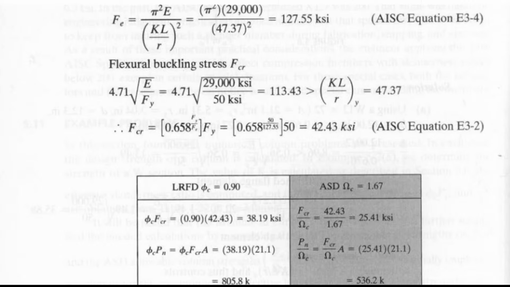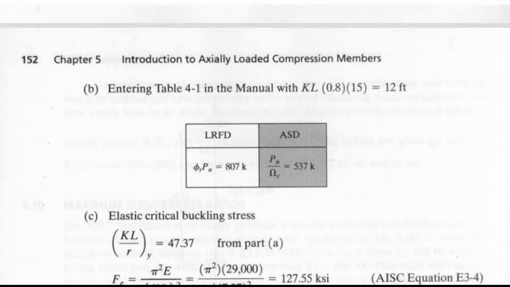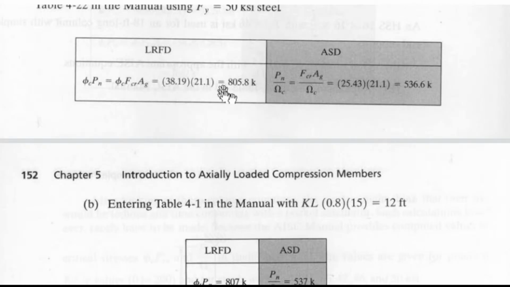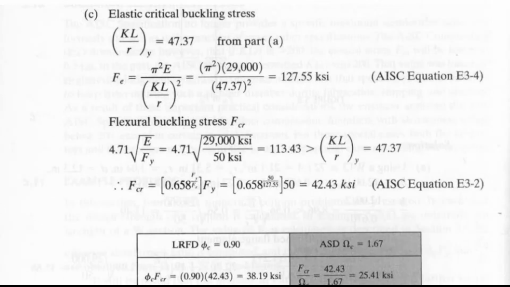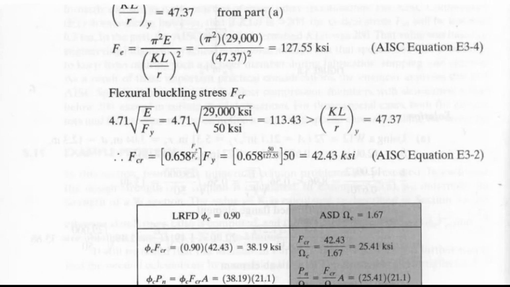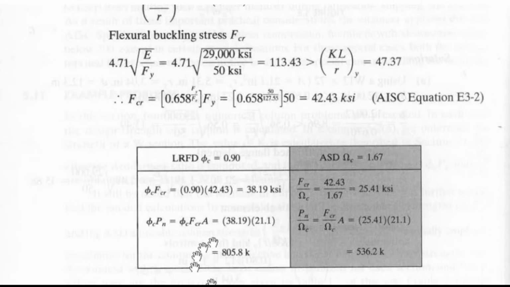So the answer for A, B, C, they are essentially the same. Actually, this is the same as in letter A. You can recall here, the answer in letter A, 805.8. So, here, 805.8. The same.